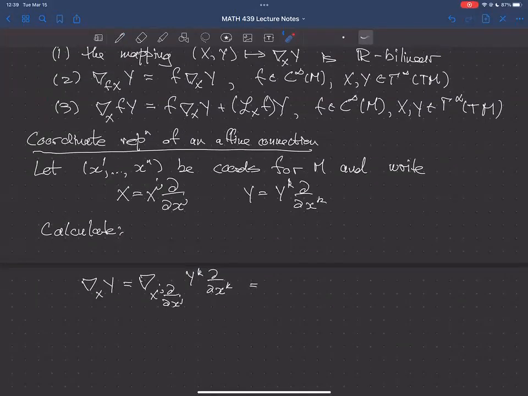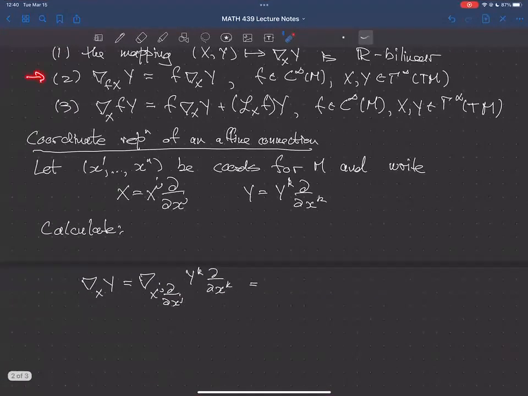Because what I've done for both X and Y is I've written them as functions, namely the components, times the basis vector fields. So these X^j's and Y^k's are functions, and these are the basis vector fields. Our operations up here tell us how to work out what happens with an affine connection when we multiply vector fields by functions.